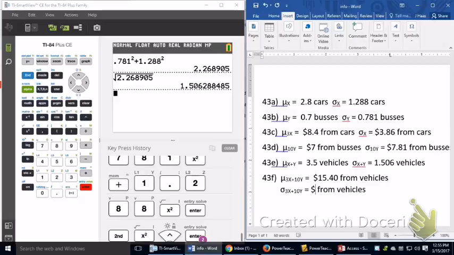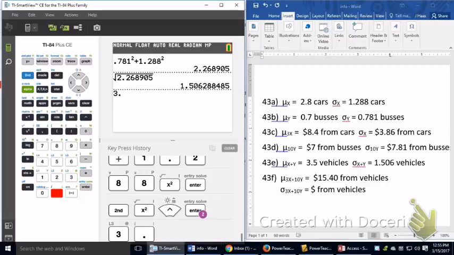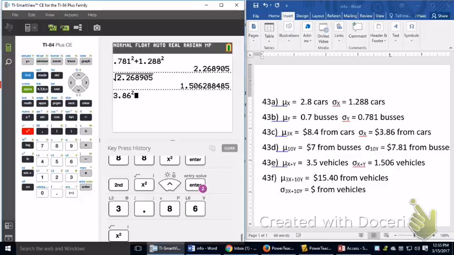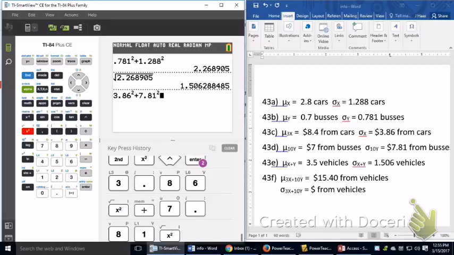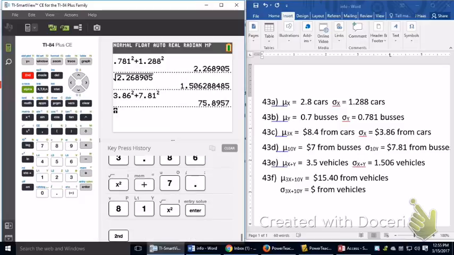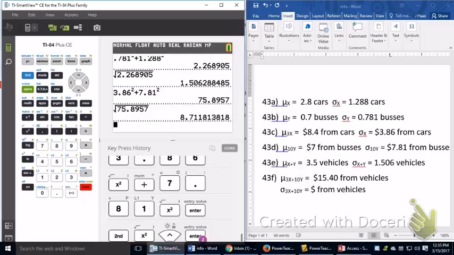I have to convert them to variances. So I'm going to have 3.86 squared, and then I'm going to have to add on the 7.81 squared, and that's going to give me that for my variance. And of course, to turn it back into standard deviation, I can just take the square root of my variance, just like I'm using the Pythagorean theorem, and that's going to give me a final answer of $8.71 is my standard deviation.